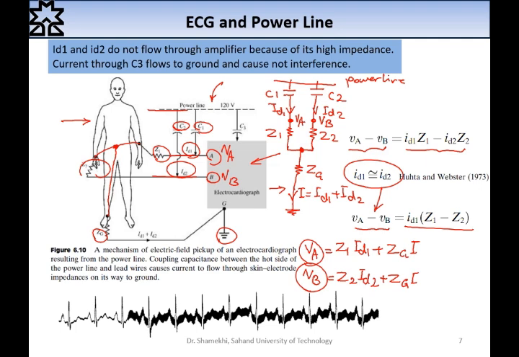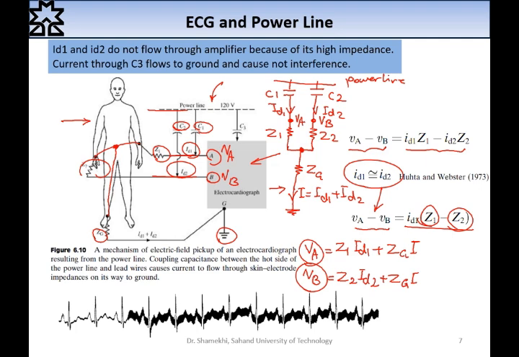And for zeroing this value, it's enough to have same impedance Z1 and Z2. Each of Z1 and Z2 is a total impedance related to the wire and the electrode and the skin of the recording location.